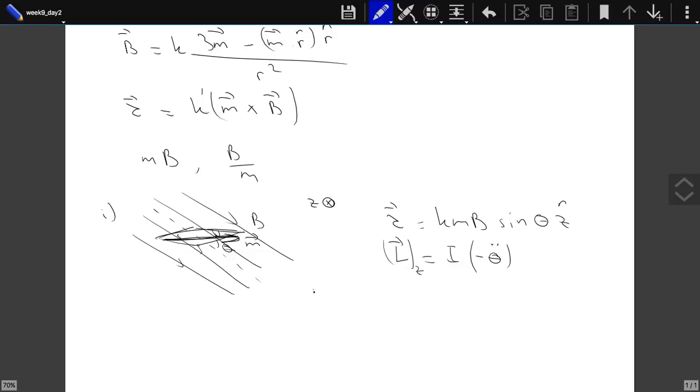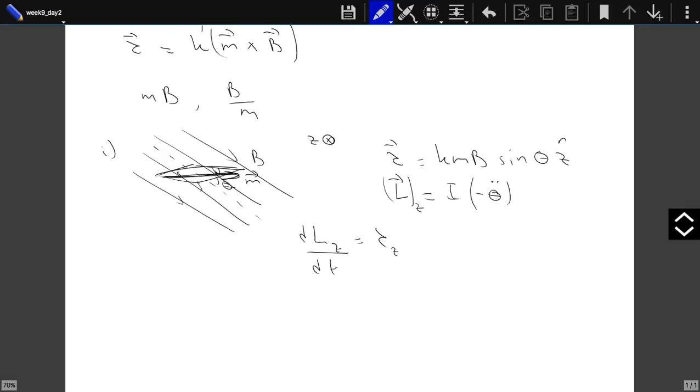And we know that the time rate of change of Lz should be equal to the z component of the torque. And so we have, no, this is I alpha, sorry, I omega. Angular momentum is I omega.